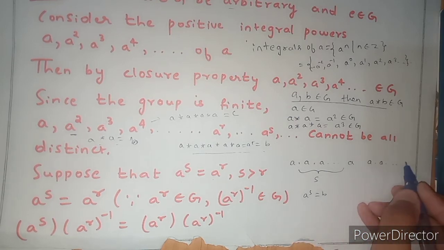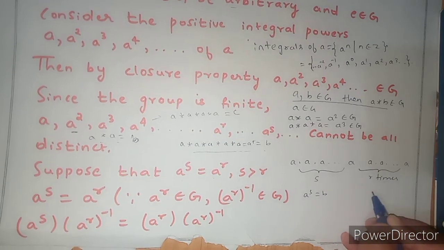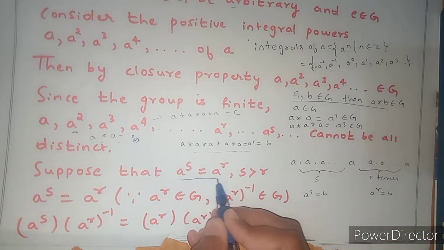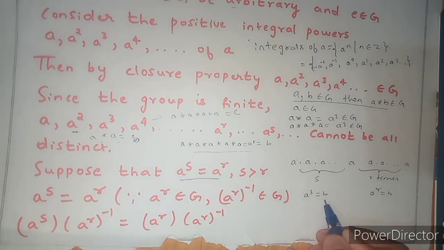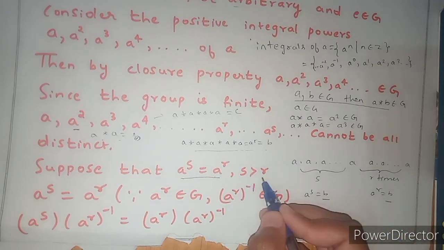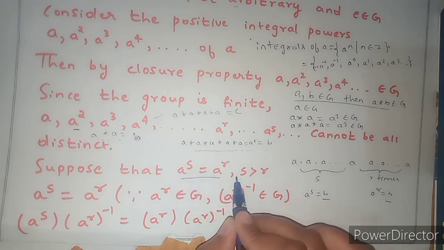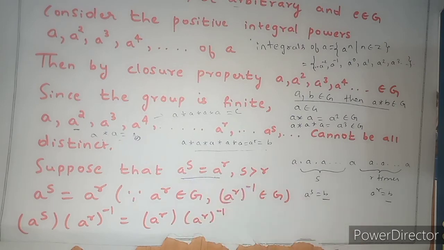Likewise, a into a and so on up to a, r times also equals b. I am telling a^s equals a^r. a^s equals b, a^r equals b. I am not telling s equals r. I am telling a^s equals a^r. s can be greater than r. I hope you understood this.